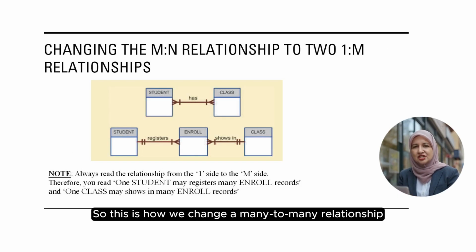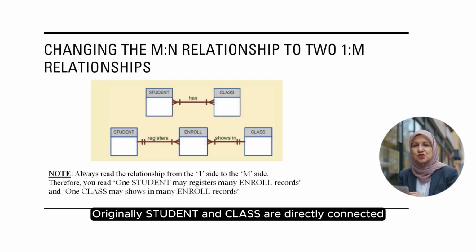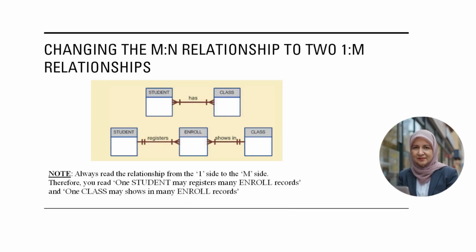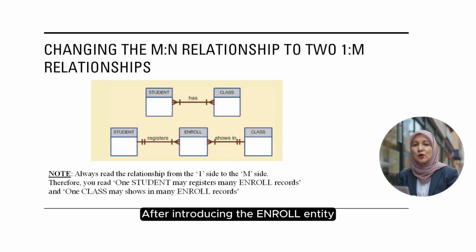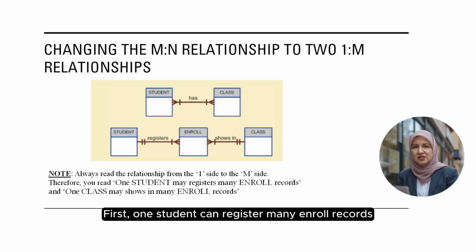So this is how we change a many-to-many relationship into two one-to-many relationships. Originally, student and class are directly connected as many-to-many. After introducing the enroll entity, the relationship is split into two parts. First, one student can register many enroll records.